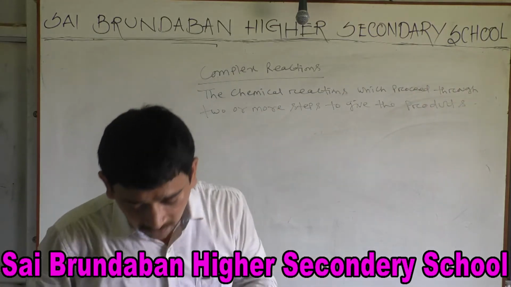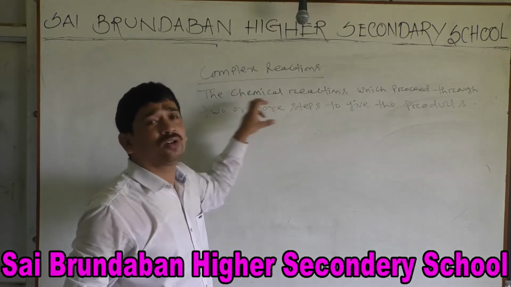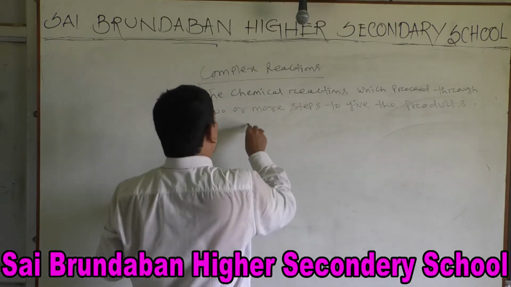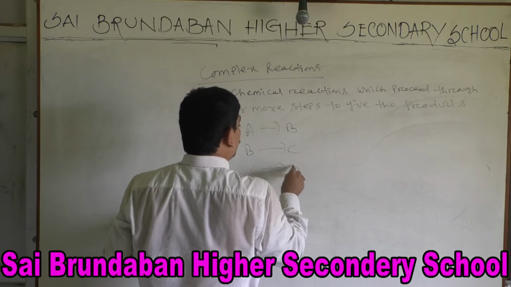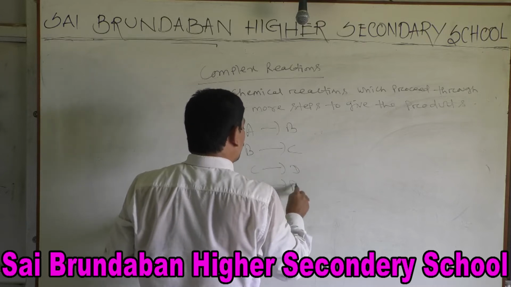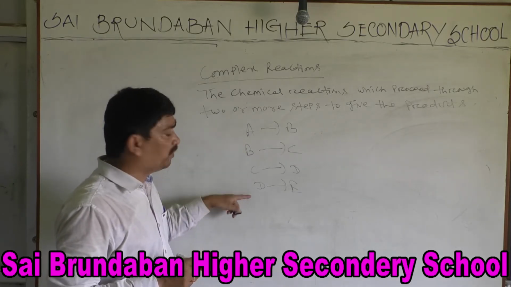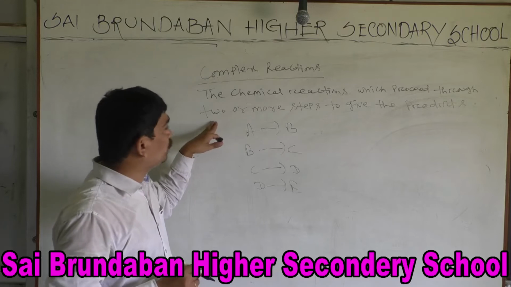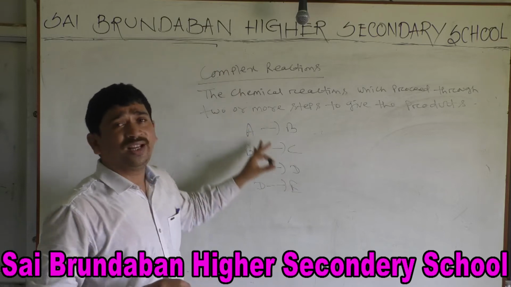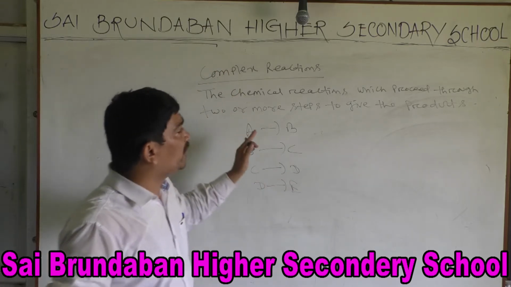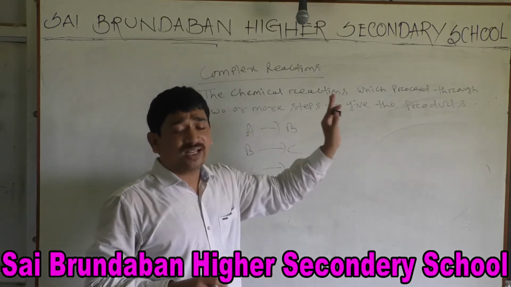The chemical reactions which proceed through two or more steps to give the product are called complex reactions. We can take it, suppose A gives rise to B, B gives rise to C, C gives rise to D, D gives rise to E, like that. So it is not just one step, there are more steps. It requires a minimum of two steps or more to give the product, that is called a complex reaction. So what is a complex reaction? The chemical reaction which proceeds through two or more steps to give the product is called a complex reaction.